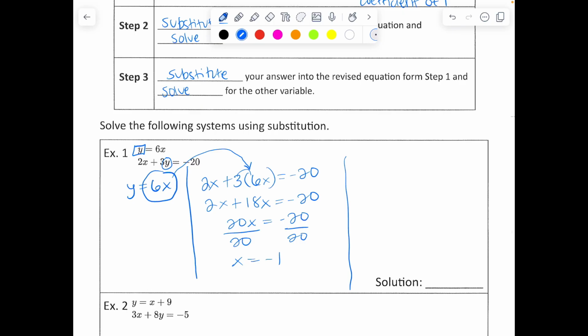Step 3 is to plug this x value back into our original equation and solve for y. So I'm going to plug this x value, which is negative 1, back into this equation, and then I can solve it to give me my y value. Then my solution becomes these two numbers that I found for x and y.